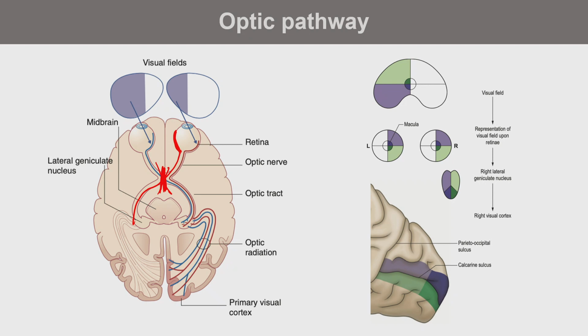And the patient has then loss of vision from here and from here. And this is called bitemporal hemianopsia.